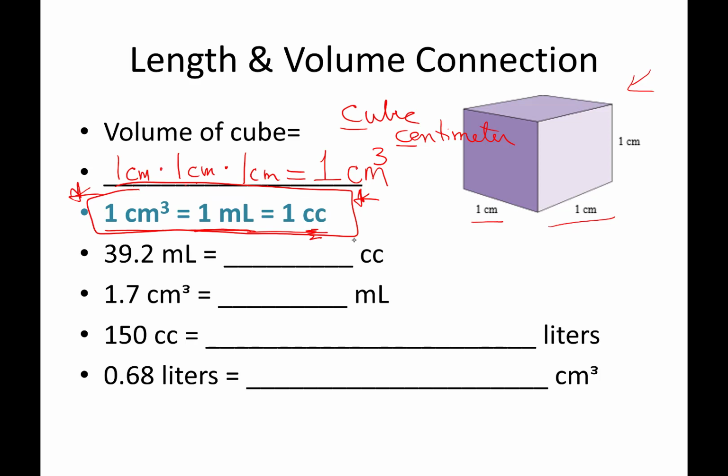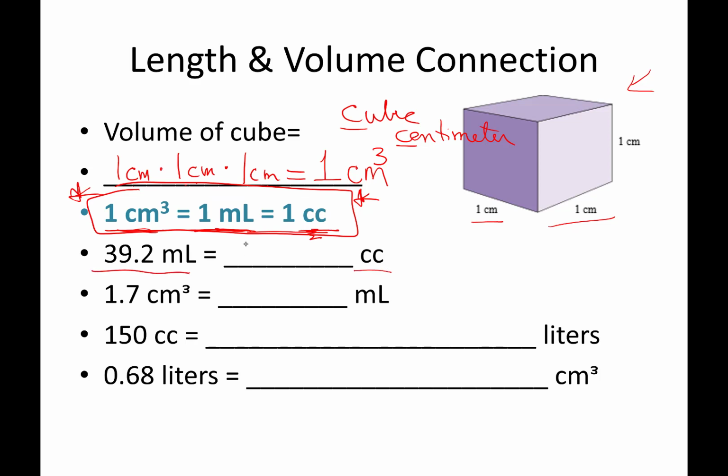Now, what I'm going to ask you on study guides and quizzes is to convert between these 3: cubic centimeters, milliliters, and cc's. And if you just know this or can access it really quickly, this is going to be the easiest questions you ever encounter. For example, 39.2 milliliters is how many cc's?